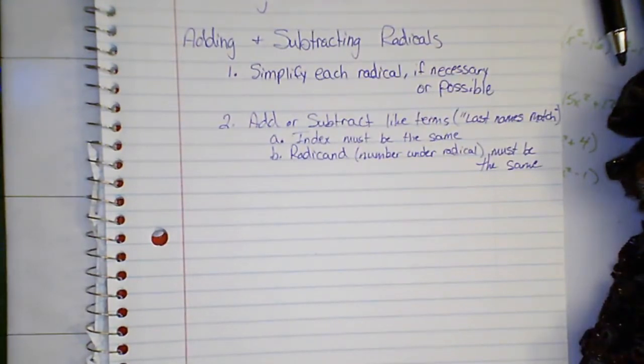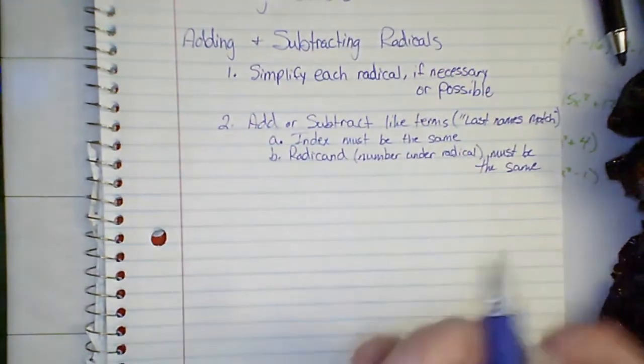It's almost like having x squared and x. They're not the same term. Or even x squared and y squared, they're not the same because they're different variables. So similar aspects on this.